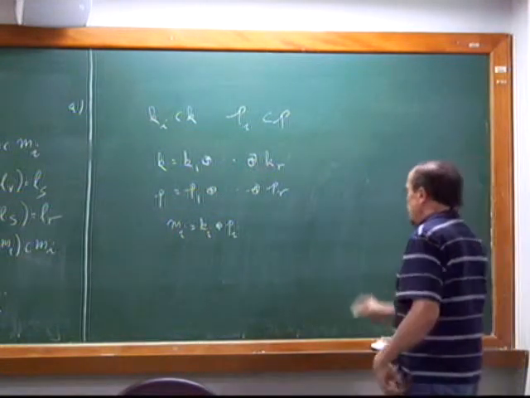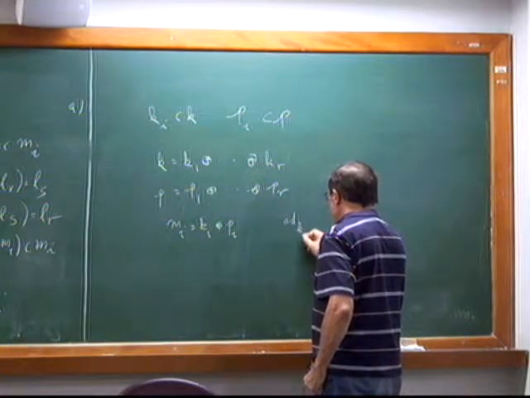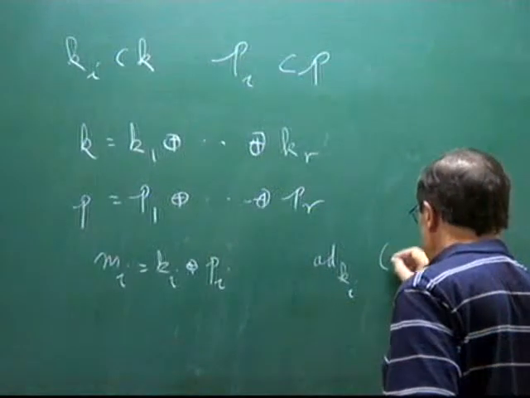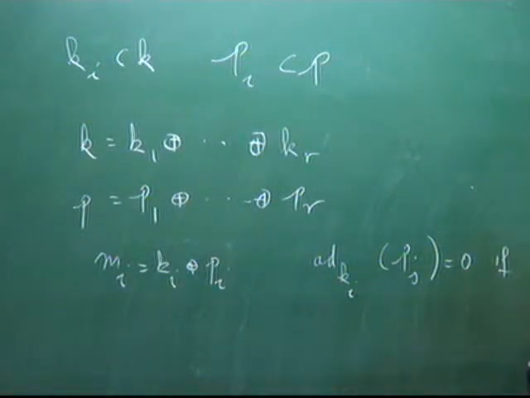But this means that if I look at the action of, say, the ith component restricted to the jth component, this must be 0 if i is distinct from j.